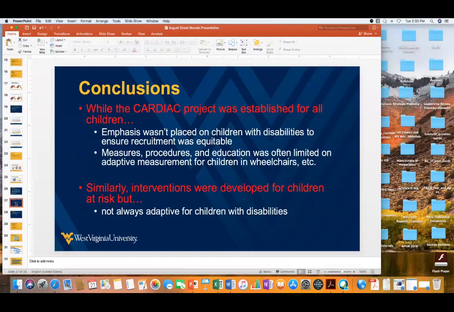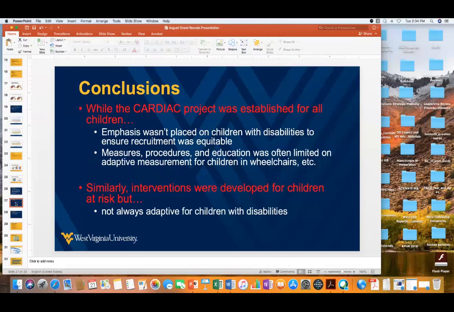Does everyone know how to get an accurate height on a child with a disability, depending on that disability? Those things were not incorporated in education like blood pressure was, and could be even now. But this is the first time we've looked at it. So while it wasn't excluded, it wasn't included consciously either. And same thing for the interventions.